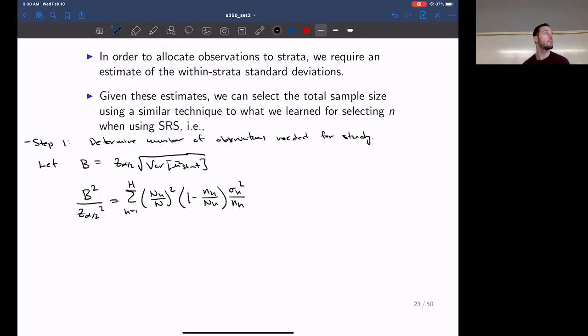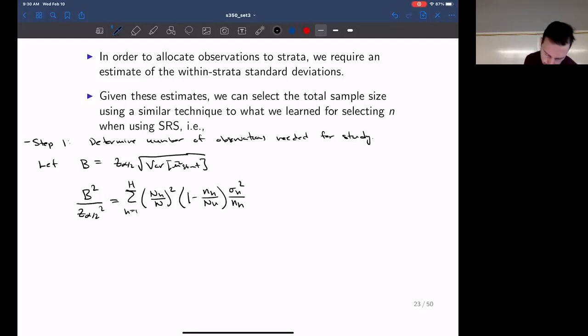Now we can further simplify this. The first thing we can do is pull out that capital N squared term in the denominator of the first term in the sum, since it is not affected by the summation.